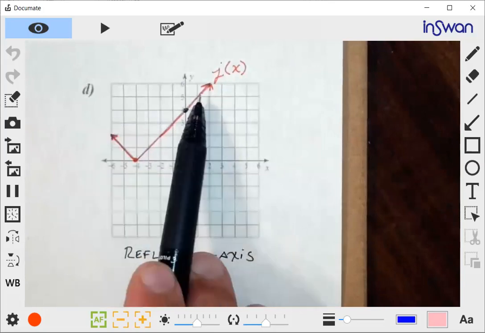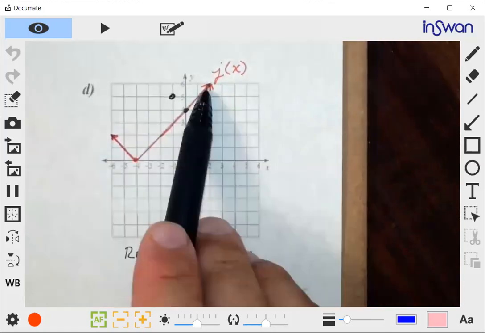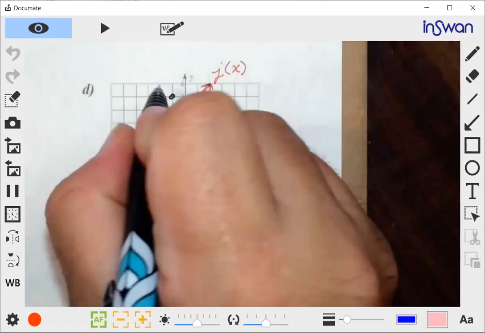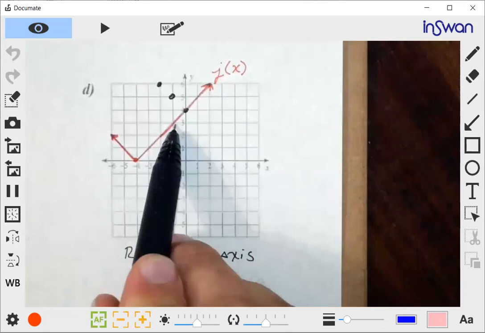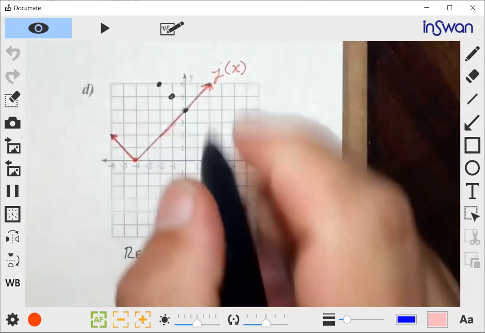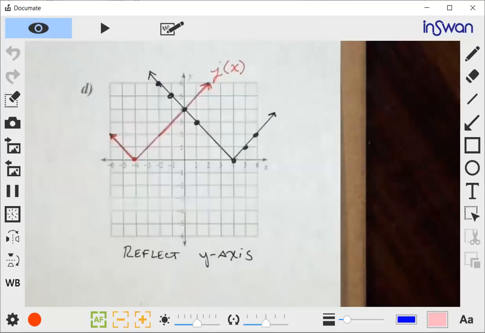So this point that's 1 unit to the right, we could plot the point as 1 unit to the left. Over here, 2 units to the right, I could be 2 units to the left, right? Down here, 1 unit to the left, I could go 1 unit to the right. And I can continue to plot some of those important points and see what I get.